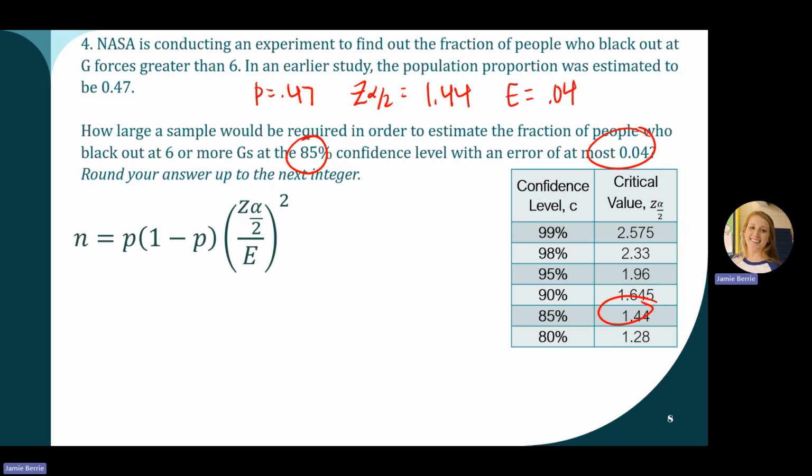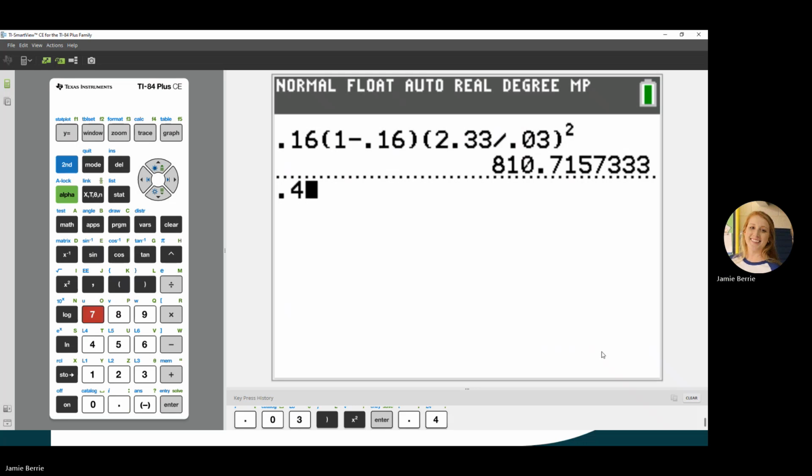So let's plug everything in. Our sample size n is going to be 0.47 times 1 minus 0.47. The critical value goes in the numerator, so 1.44. The error goes in the bottom, so 0.04, squared. All right, grab your calculator. 0.47 times 1 minus 0.47.